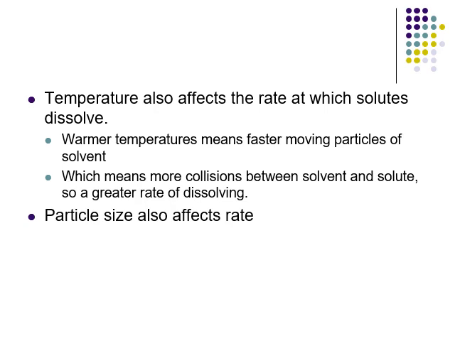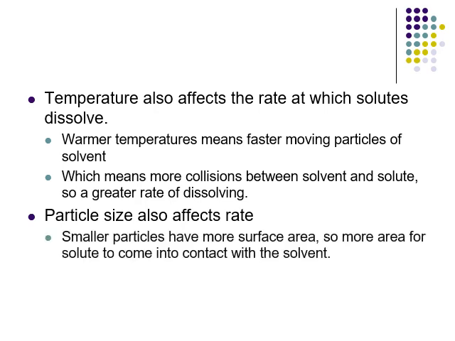The last one is particle size, which also plays a role. We talked about particle size in terms of reaction rates way back in, I think, chapter 2. But what we find is that the finer you chop something up, the smaller the particle size becomes, the more surface area you get. And the more surface area you have, the more solute is exposed to the solvent.